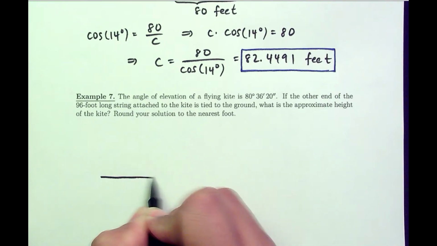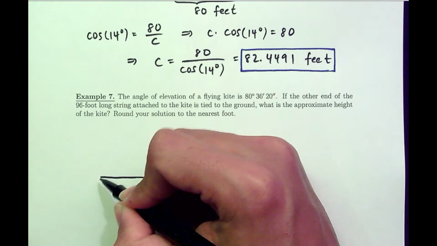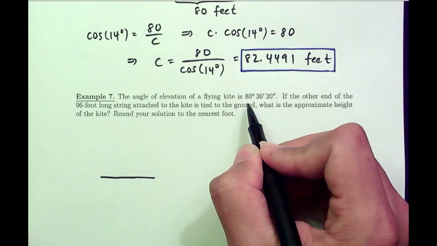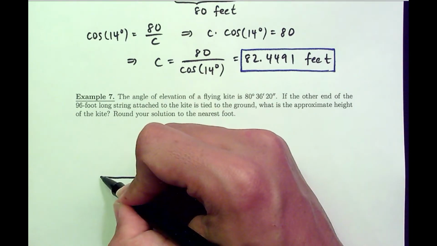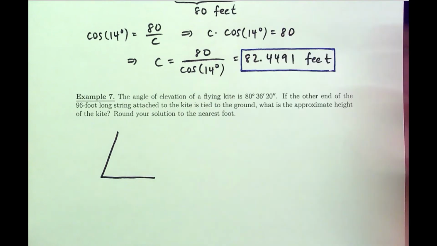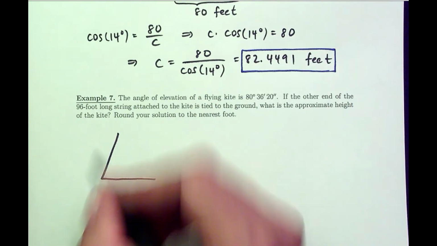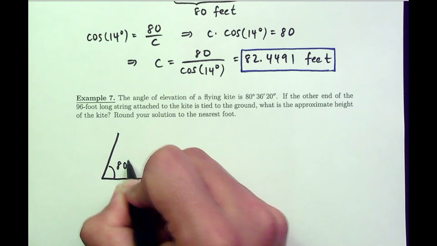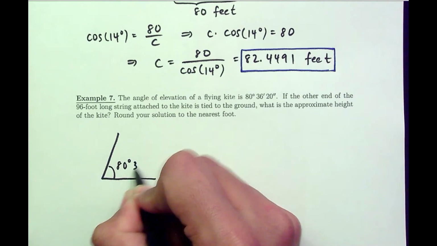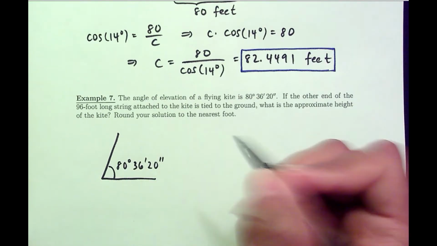Let's draw a quick picture. We have a kite and the string is tied to the ground, and the angle of elevation is 80, so it's kind of close to 90, so maybe we can draw something like this, although the accuracy of the picture doesn't really matter. Then this angle right here is 80 degrees, 36 minutes, and 20 seconds.